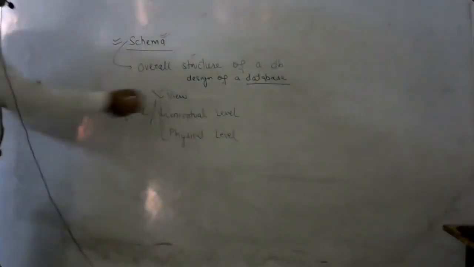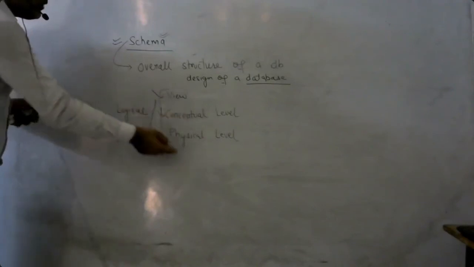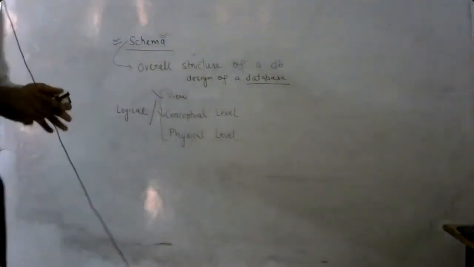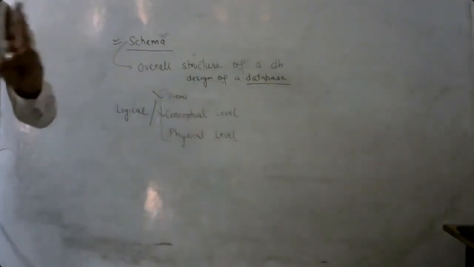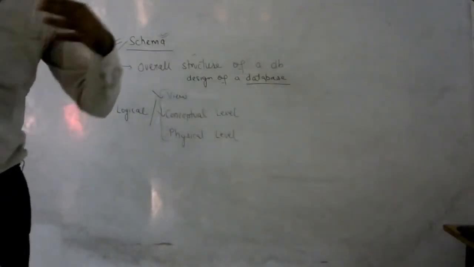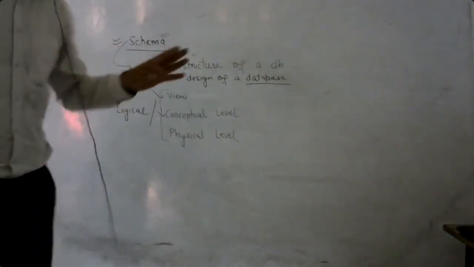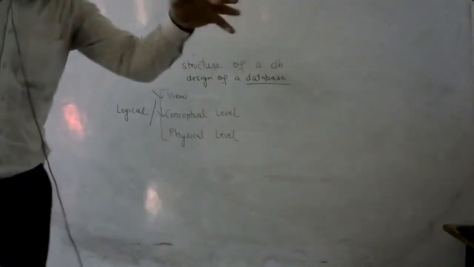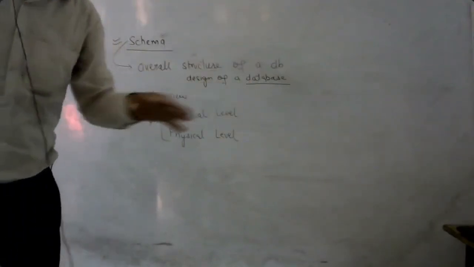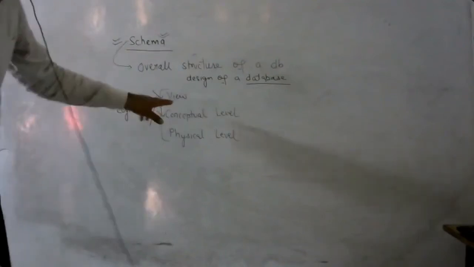Now, quickly I'm telling you what the view level, conceptual or logical level, and physical level are. When we design the database, it has three perspectives. When the end user, the one who uses the software, sees the software, he or she might think that there are these and those tables, only these tables and these codes. This is the view level.